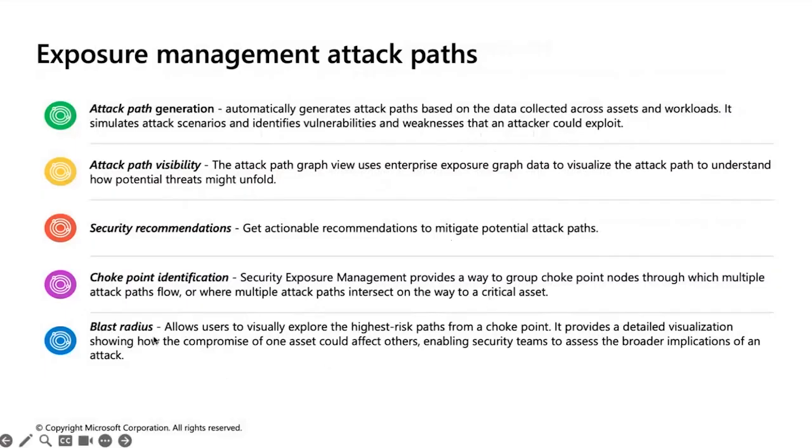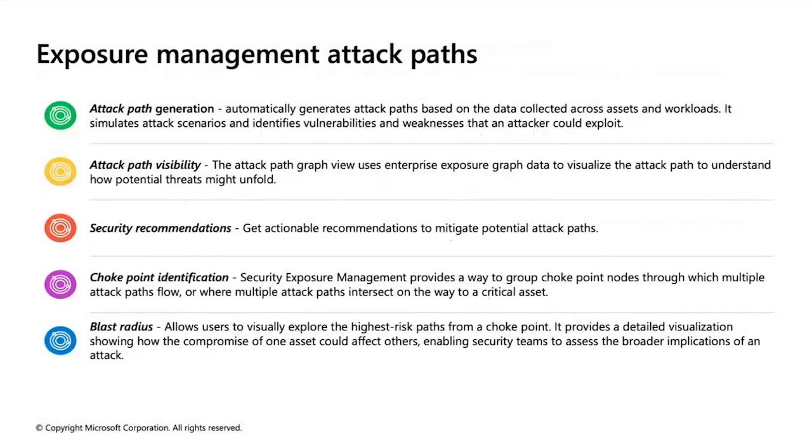Also, we can see the blast radius. This allows users to visually explore the highest risk path from a choke point. We can see what recommendations we have for the choke point and how we can enhance security. And we can also see which is the highest risk path in this attack path or visual diagram.